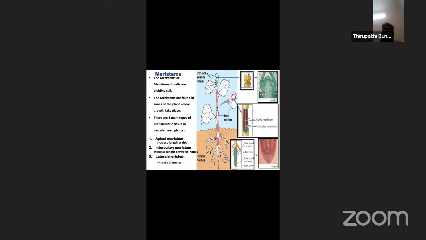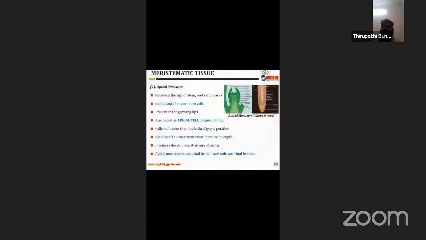It is composed of one or more cells, present in the growing tips, also called apical cell initials. Apical cells produce the primary structure of plants.